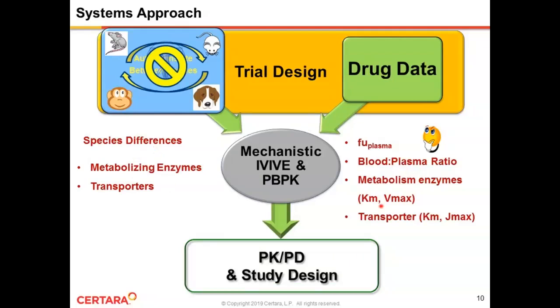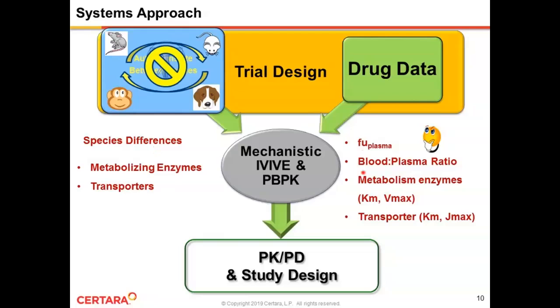Apart from that, when you look at the drug parameters, the situation becomes even more complicated, because when you're looking at fraction unbound in plasma, because of the differences in the abundances of these proteins in different species' plasma, your fu plasma is going to be different.